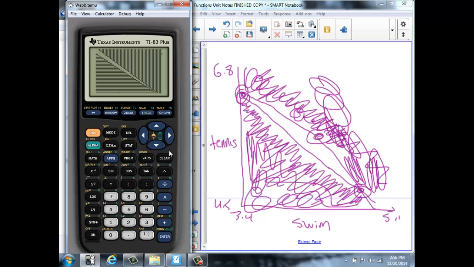And that one intersects slightly off my graph, of course, because my window's not quite big enough for it. I had to change my window size because this point is just slightly outside of the window.